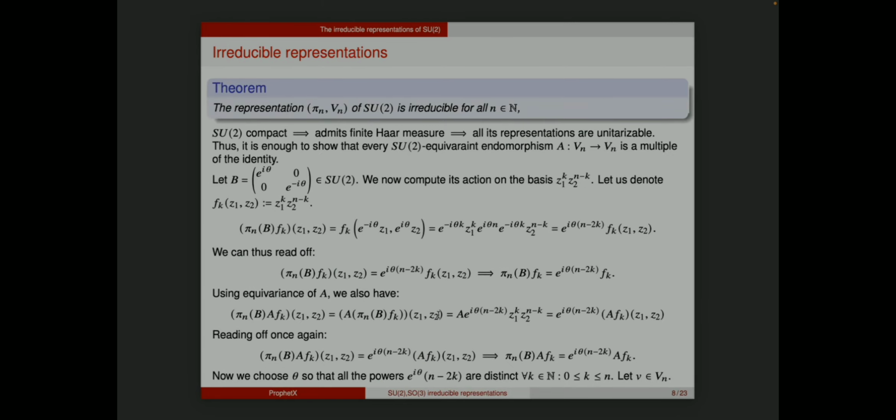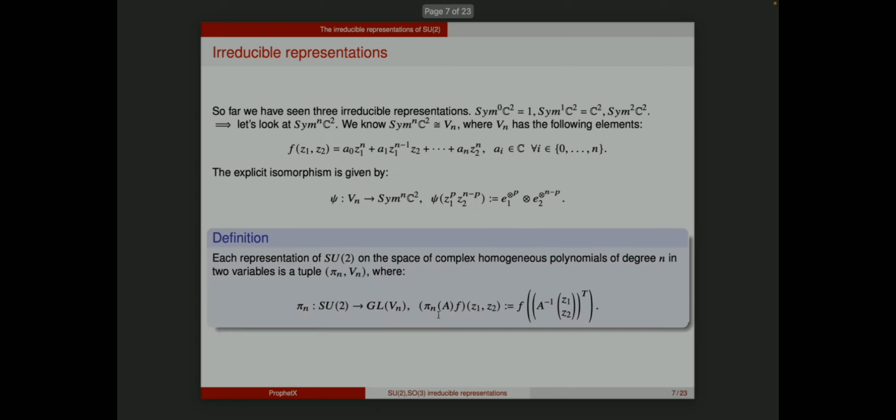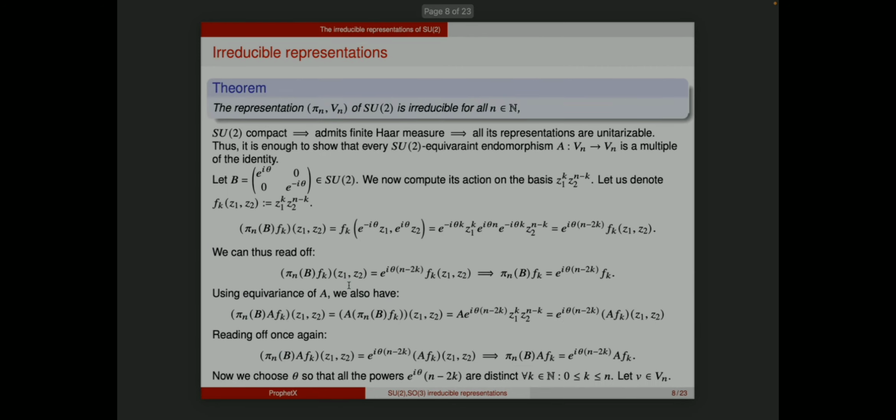Okay, so we come to the main part of the talk, where we say that these tuples, which we just defined here, these pi n, Vn, are the irreducible representations of SU2. And this is the main theorem of the talk. And we can see this by the following arguments. So we know that SU2 is compact, as we have seen, because it's diffeomorphic to the 3-sphere.